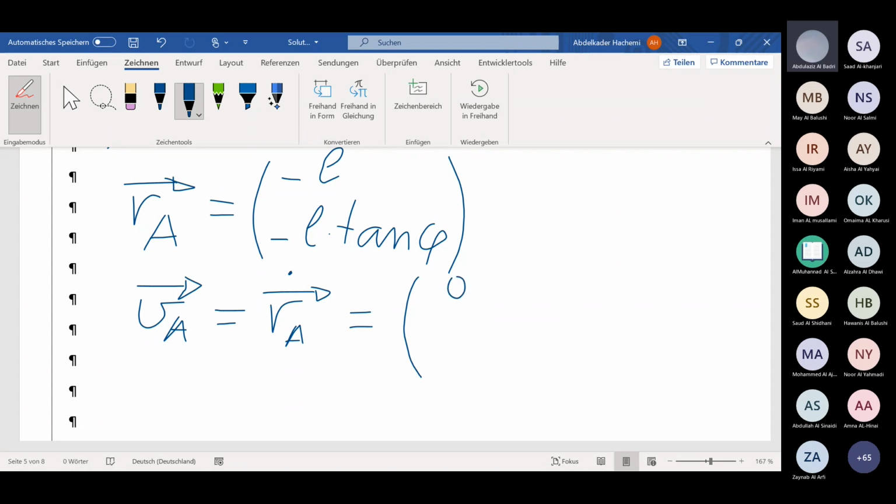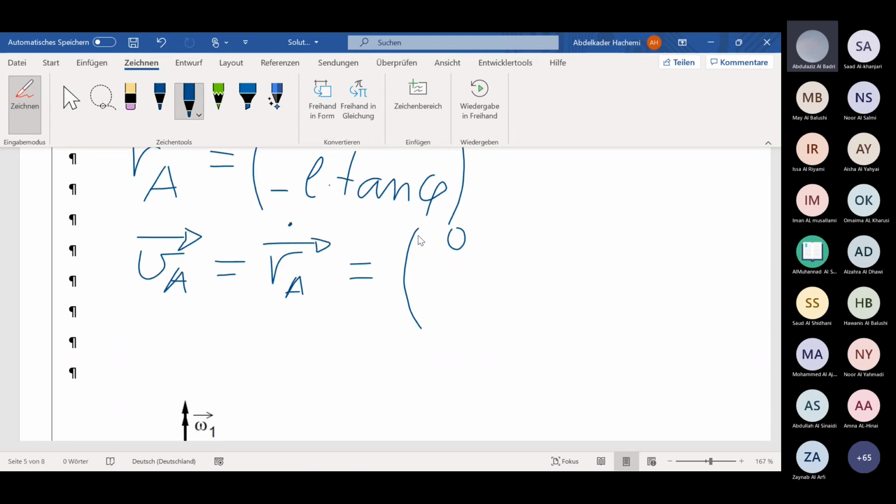Now, if we look at the second term here, we have minus L dot, which is equal to zero, times tangent phi, and plus minus L times the time derivative phi dot and the derivation of tangent phi.